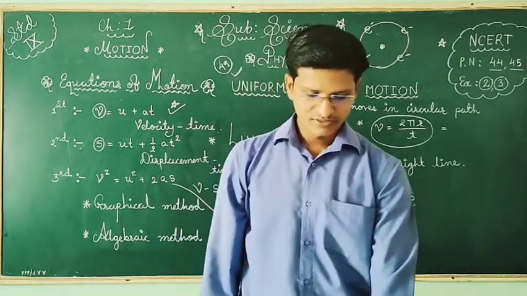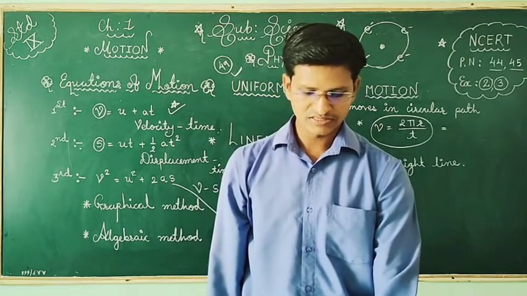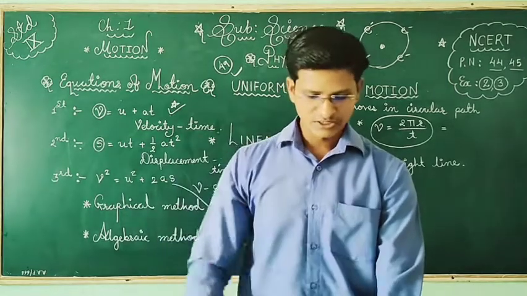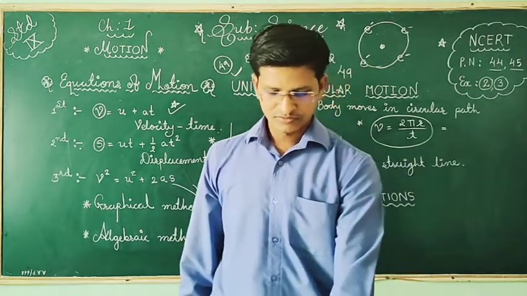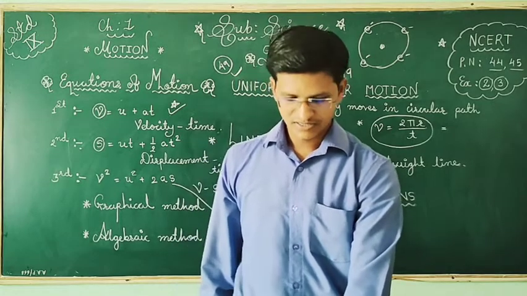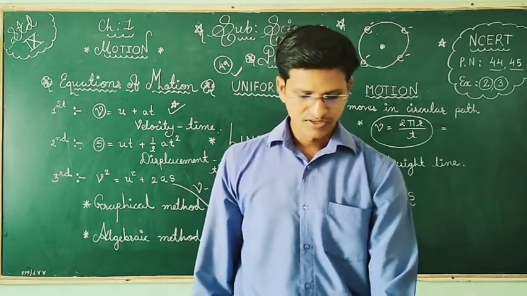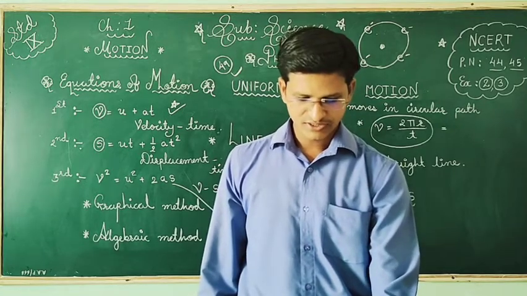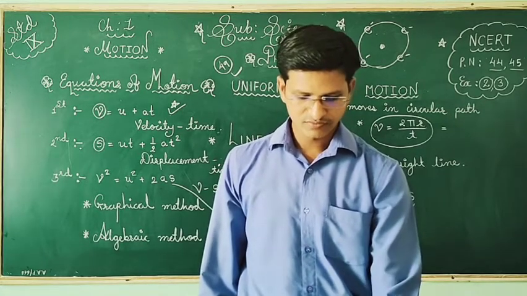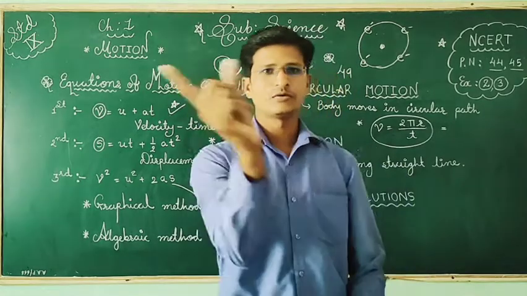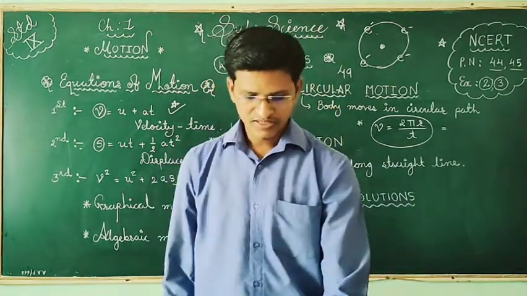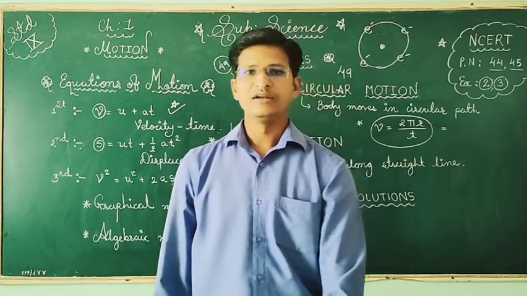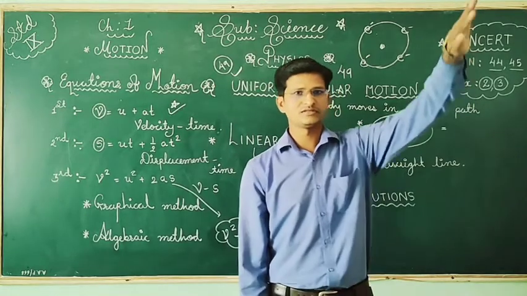Third, uniform circular motion is an accelerated motion, because the direction changes continuously, and linear motion is not accelerated, it is unaccelerated motion. In circular motion, external force is needed to move a body uniformly on a circular path. So force is required. In linear motion, no external force is required to move a body uniformly on a linear path.